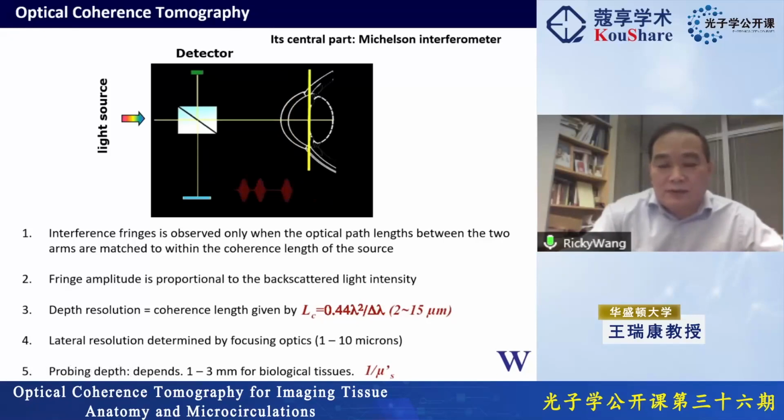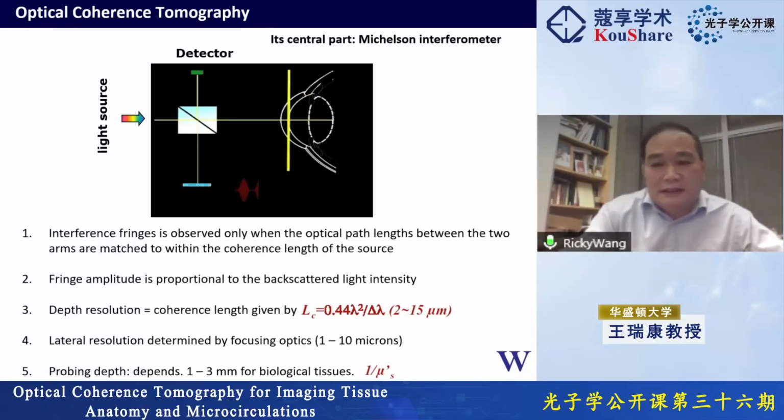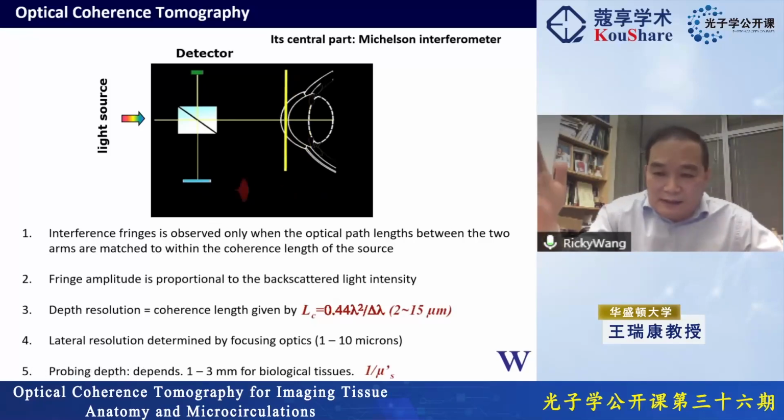Basically, the broader the bandwidth, the higher the axial resolution of the OCT system. In other words, the more colors in your light source, the higher the resolution of the system you will have. Okay, so that's the axial resolution for the OCT system.